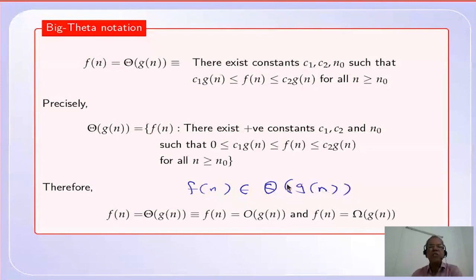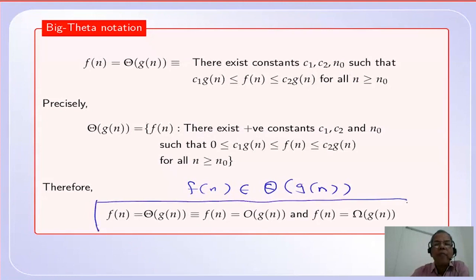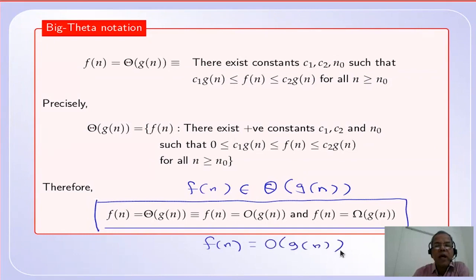And it is very easy to see that when g of n is an asymptotic tight bound for f of n, both are true: f of n is big O of g of n and f of n is big omega of g of n.